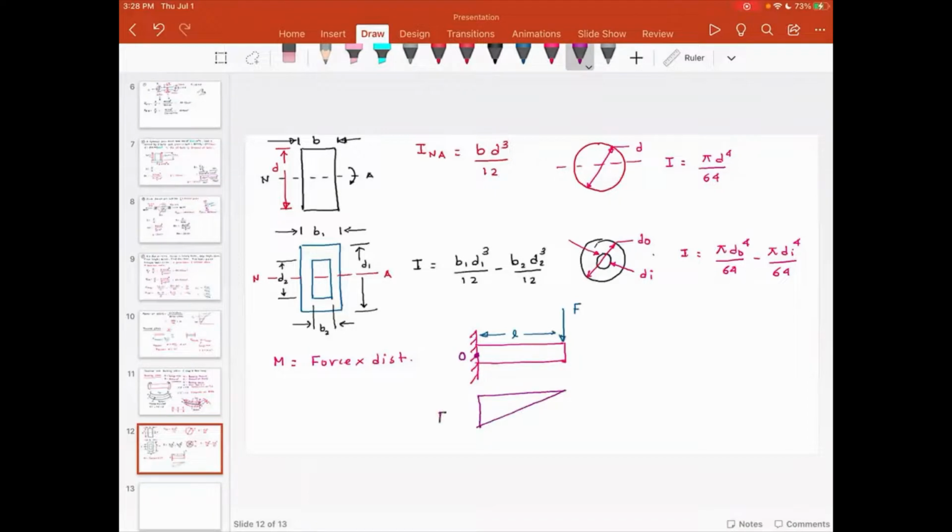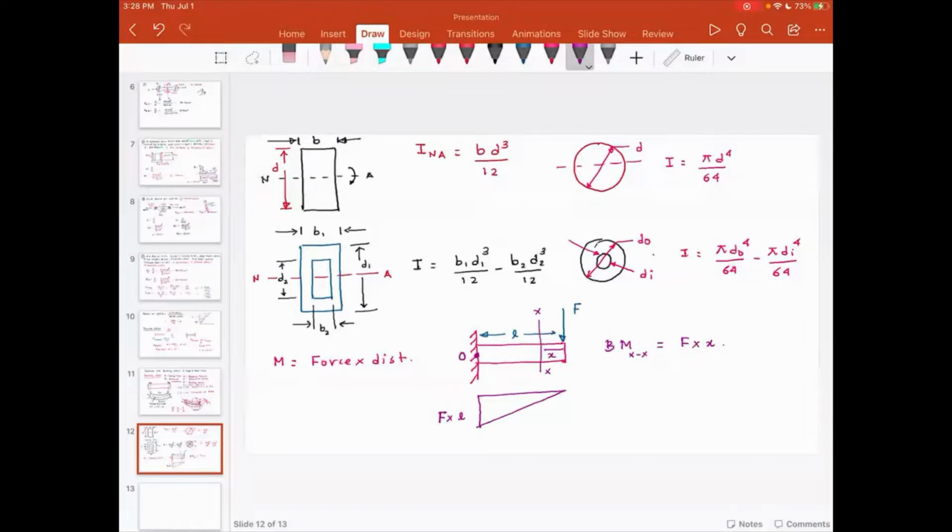This will be F times L. If you look at this cross-sectional area XX, and this distance is X, the bending moment at XX is going to be F times X.